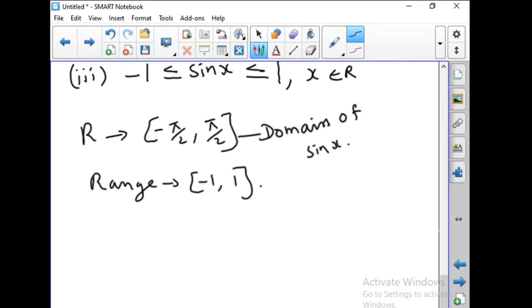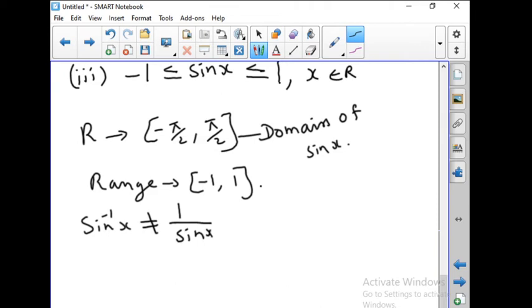So what about the inverse of sine? Now the domain of sin x is minus pi by 2 comma pi by 2 and the range is minus 1 comma 1. So it just becomes the reverse. Sine inverse of x is the inverse function of sin x, and this is not equal to 1 by sin x.